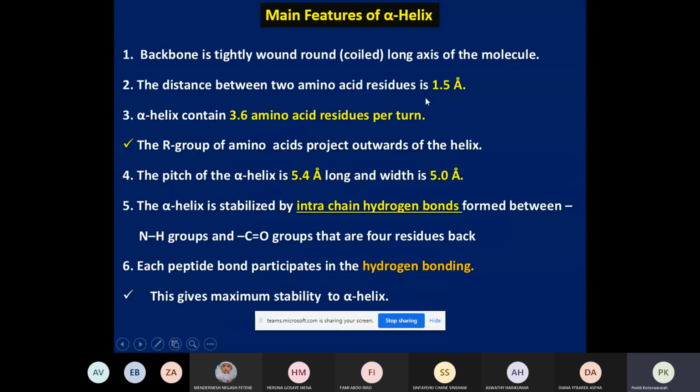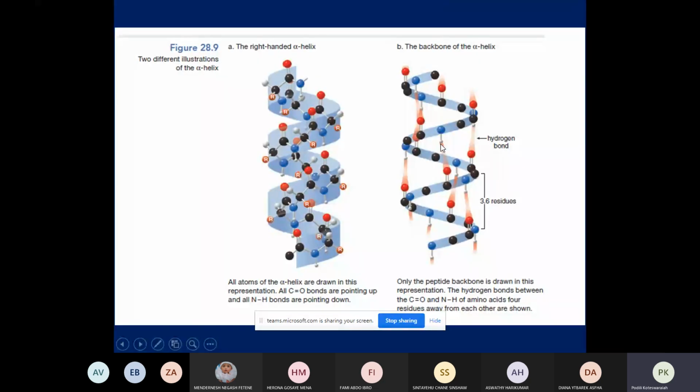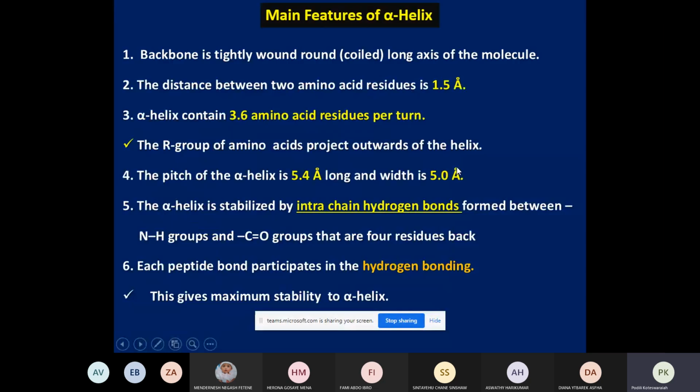In this, the polypeptide chain is tightly coiled along the axis, and therefore these coils are highly stabilized by the intrachain hydrogen bonds. You can see here, these are the intrachain hydrogen bonds.